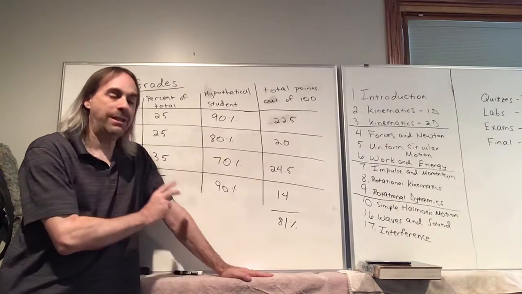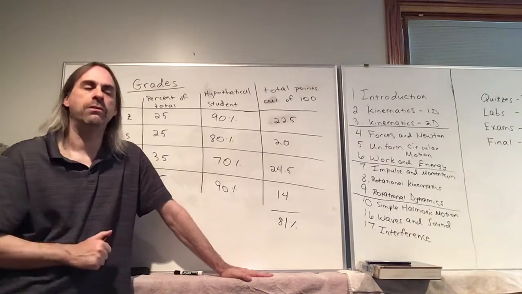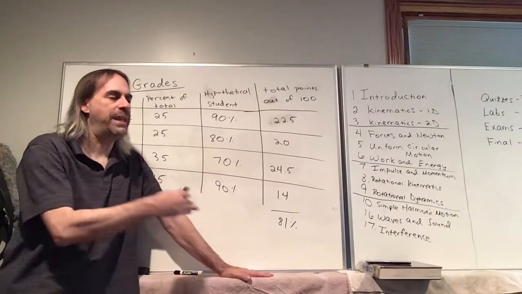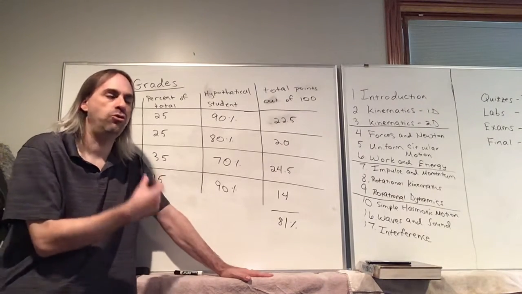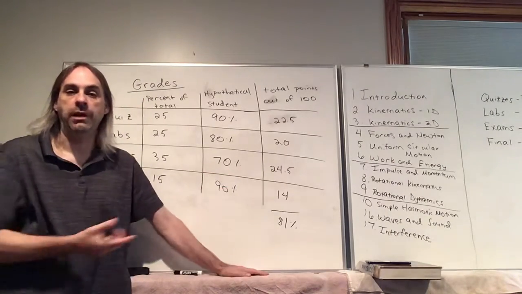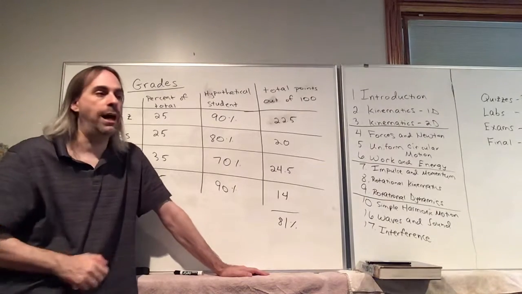Now, I want to say that everything is going to be on Canvas. I'm pretty sure that's going to be the case. But because we're doing some things in person, I have to figure out how to actually put things like exams and labs, they're not going to be done online at all, except for the first two labs.